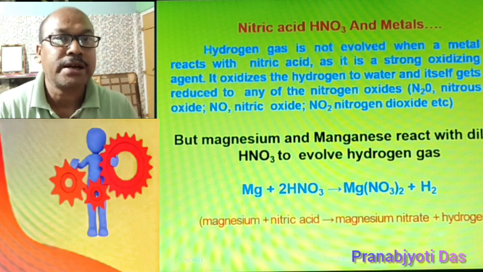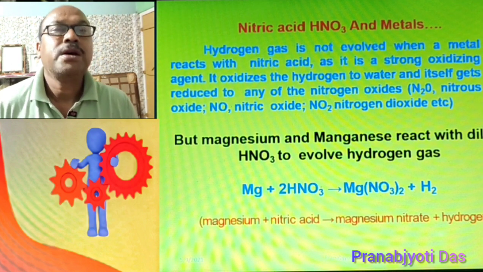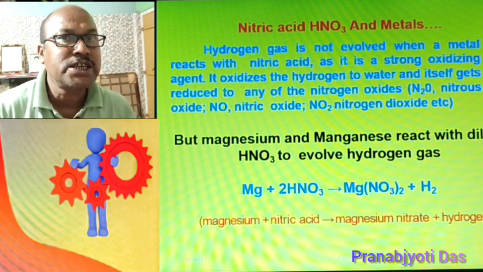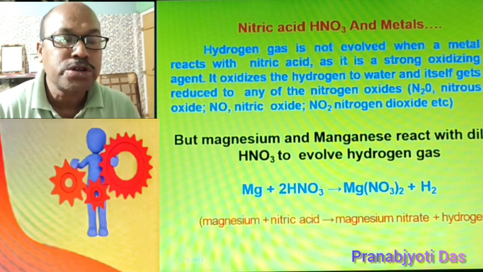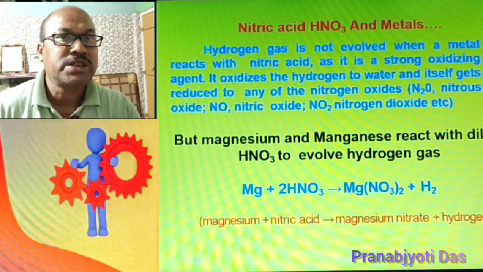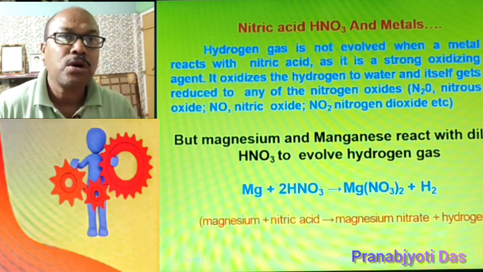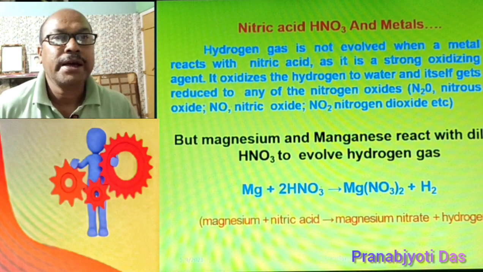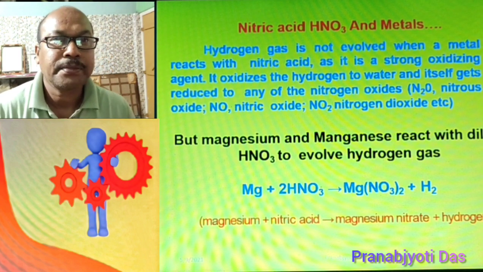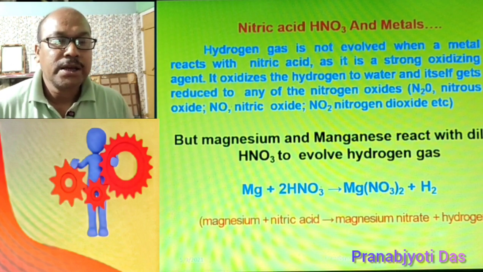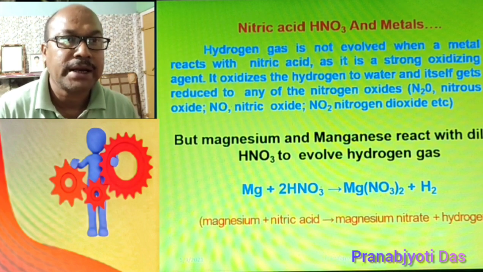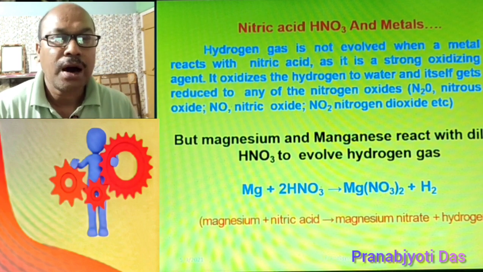It doesn't produce hydrogen gas because it oxidizes it. Actually, hydrogen gas is produced during the reaction, but instantly it is oxidized by the nitric acid and converted to water. That is why nitric acid, when it reacts with a metal, never produces hydrogen gas.